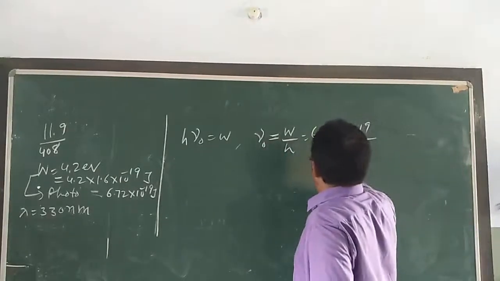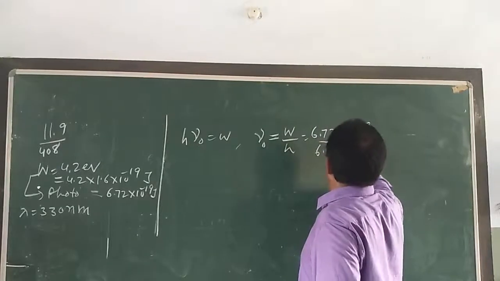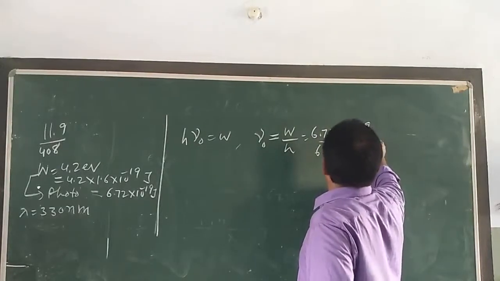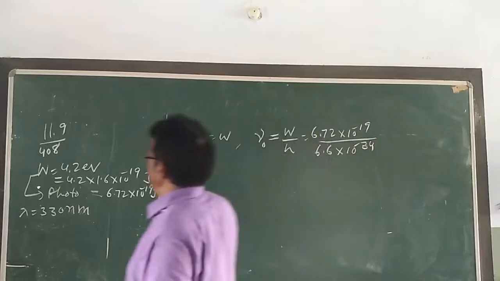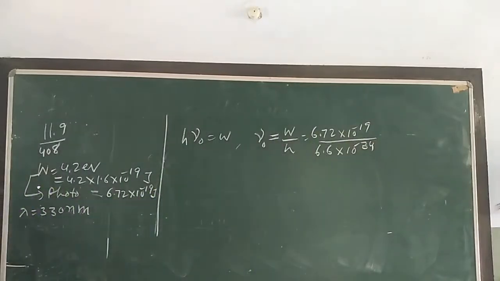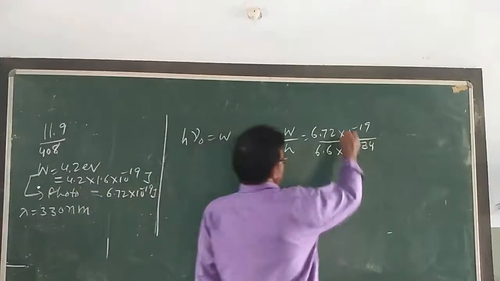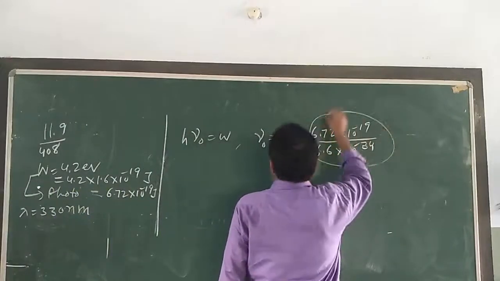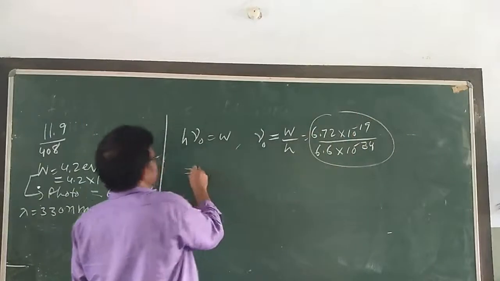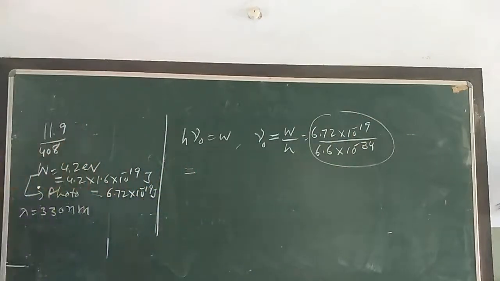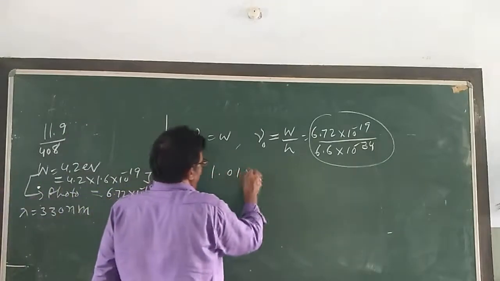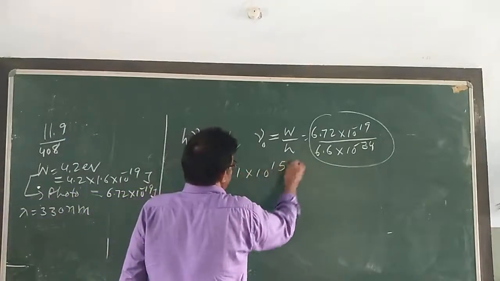And the Planck constant, that is 6.6 into 10 raised to power minus 34. That is the value of Planck constant. Solve this. What are you getting? When you solve it, the value that you get is 1.01 into 10 raised to power 15 hertz.